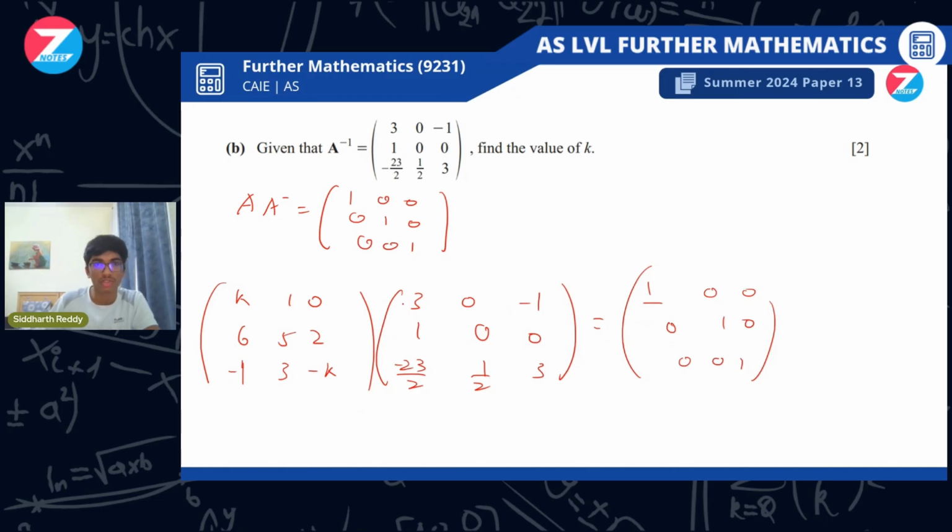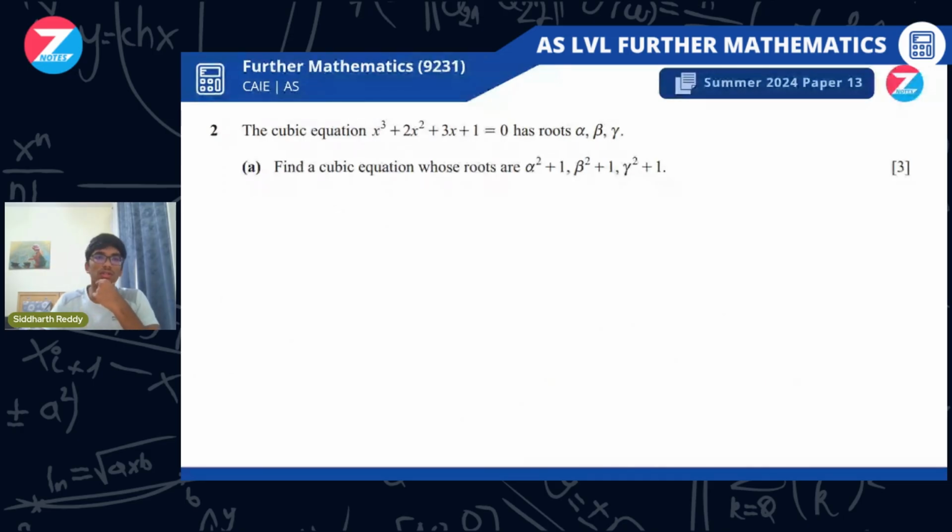It'll be 3 times K plus 1 times 1 plus 0 times minus 23 by 2, which is just 0. This should be equal to 1. So we have 3K plus 1 is equal to 1, so 3K is equal to 0, and we get K is equal to 0. This is the value of K.